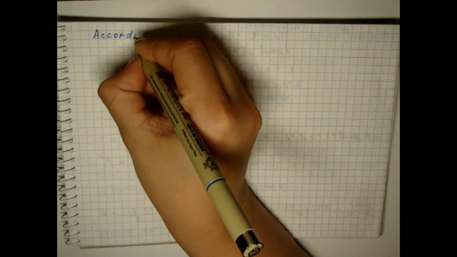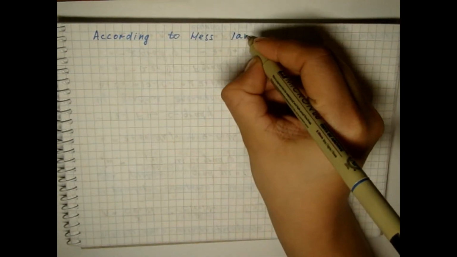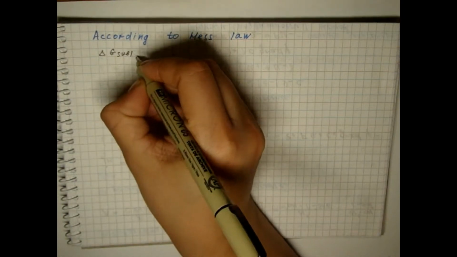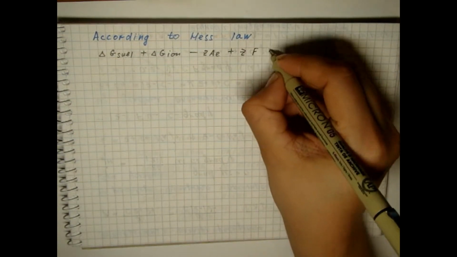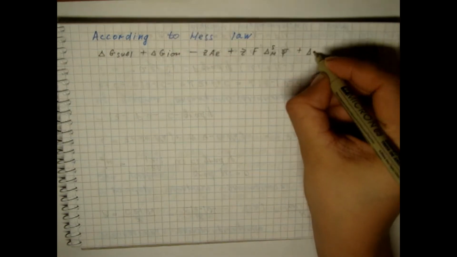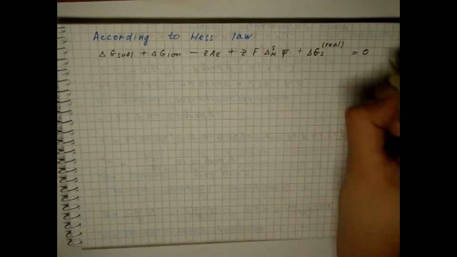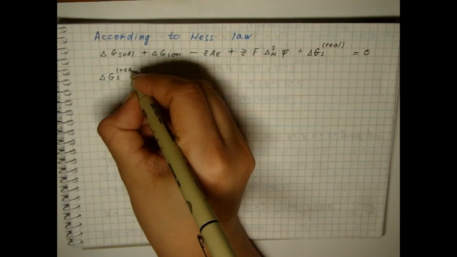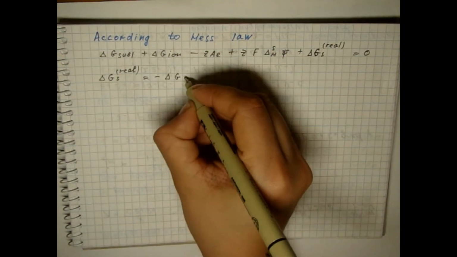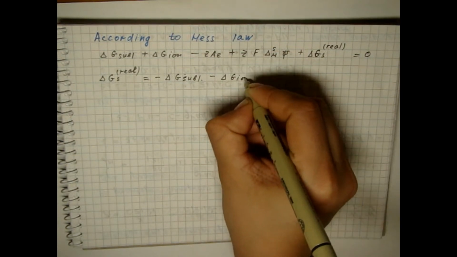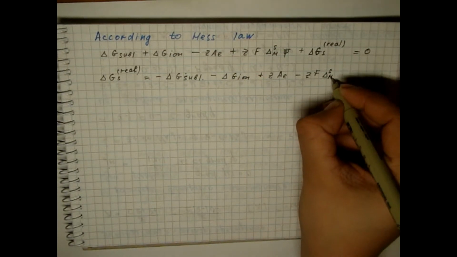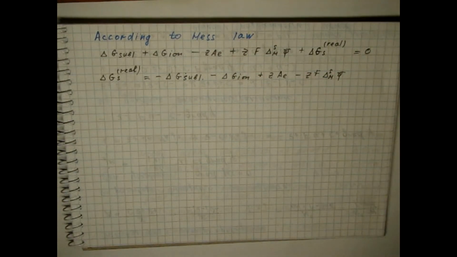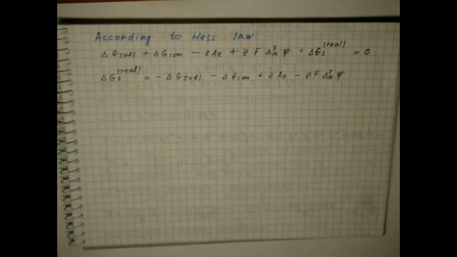According to Hess' law, and therefore all values can be determined by experiment, and in this way the real solvation energy of a single type of ion can be determined.